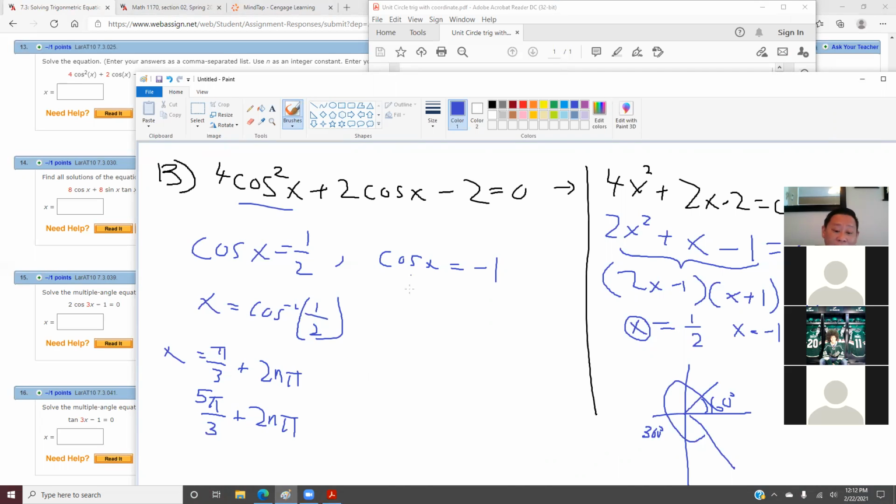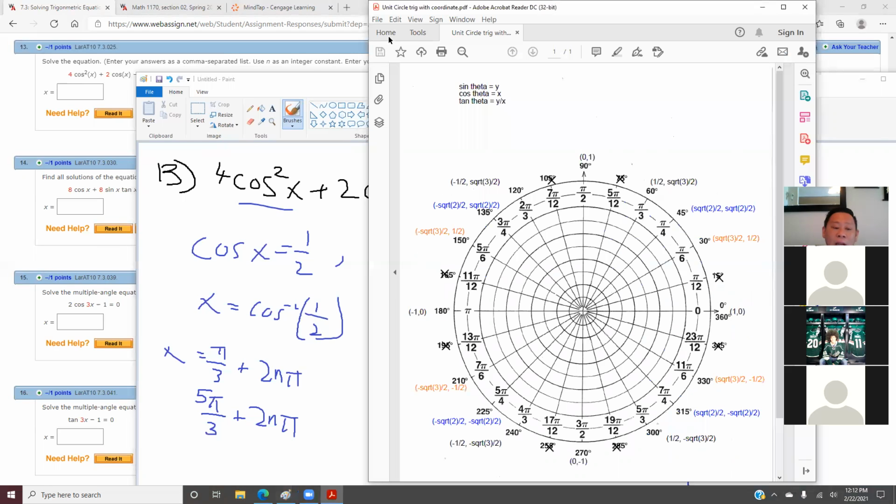Then for this case, we find the arc cosine of -1. So by looking at a unit circle, which one is the arc cosine of -1? Again, cosine is x. Pi. That will be pi. Yep.